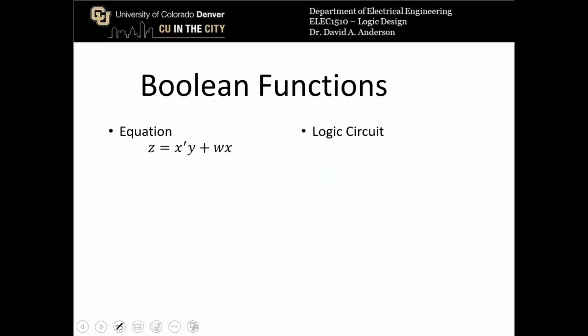So now let's draw what the logic circuit for this Boolean function would look like. We know that this is basically, again, a z equals a or b, where a is x prime y and b is wx. So z is going to be the output of an OR gate.